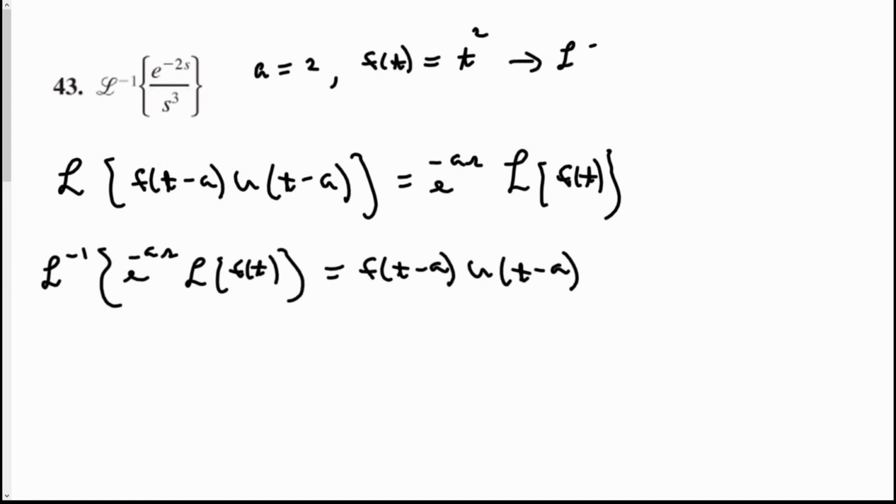The Laplace transform of t squared is going to be 2 over s to the third. I don't have a 2 in the numerator, so you better use 1/2 t squared. So 1/2 times the Laplace transform of t squared is equal to 1 over s to the third. So the function is going to be 1/2 times t squared.